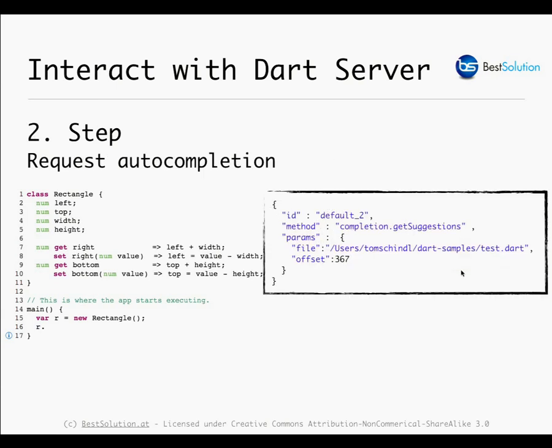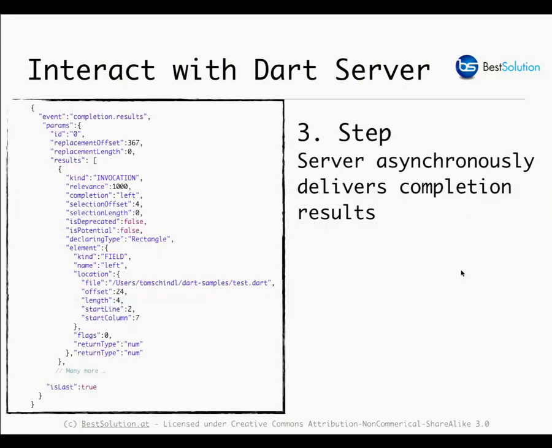And at the point when we need autocompletion, we send it the information: we need autocompletion at offset 367 in our file. And the Dart server asynchronously responds to us with all the autocompletions that we would like to show at this point in the UI.